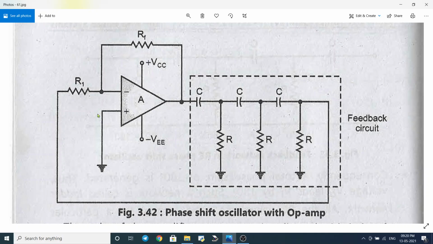So the op-amp will produce a 180-degree phase shift. Because of this inverting configuration, its output voltage will be 180 degrees out of phase with respect to the input voltage. This total phase shift will be 360 degrees, and the circuit will produce the output sine wave.